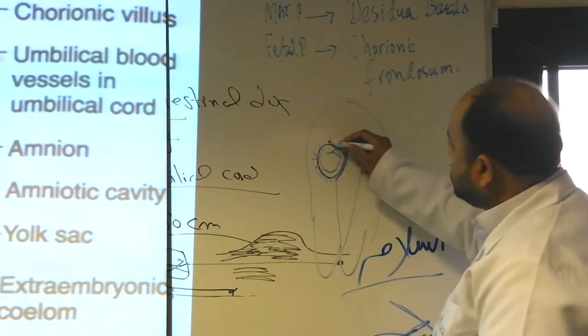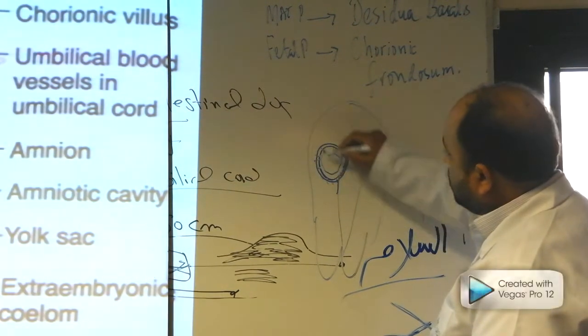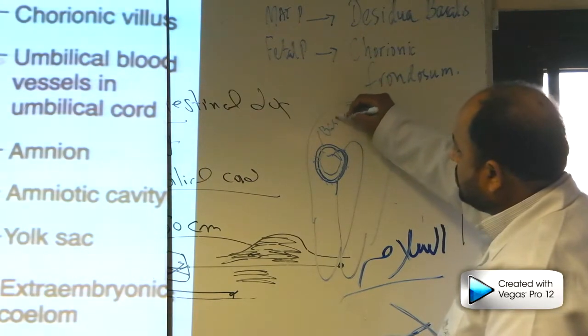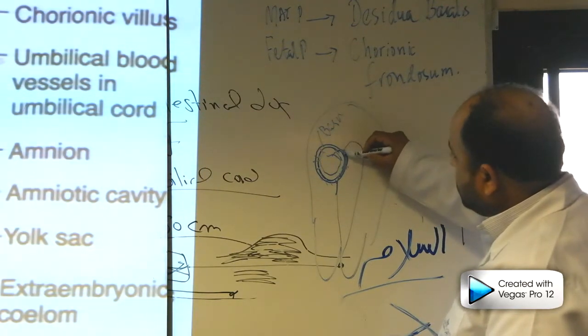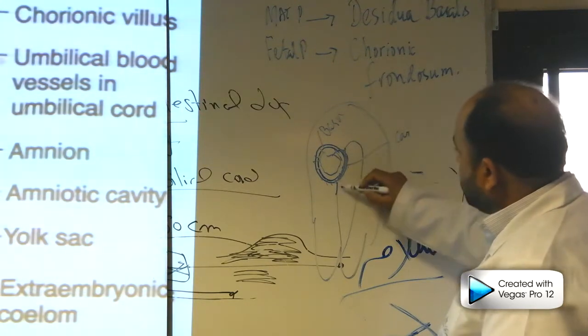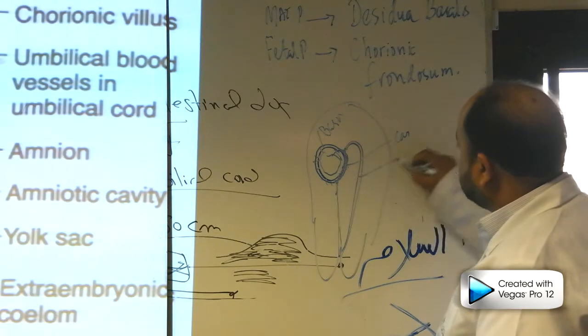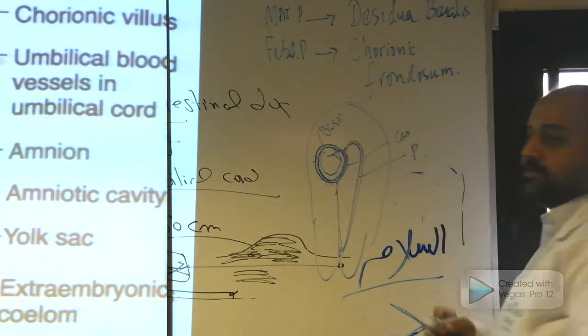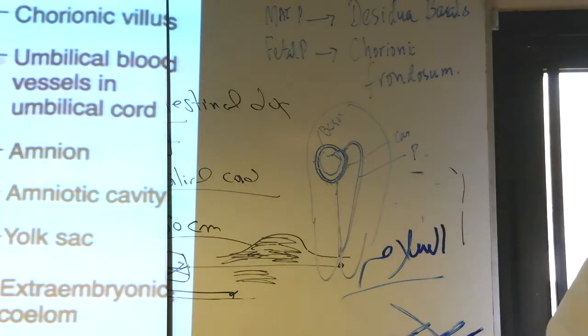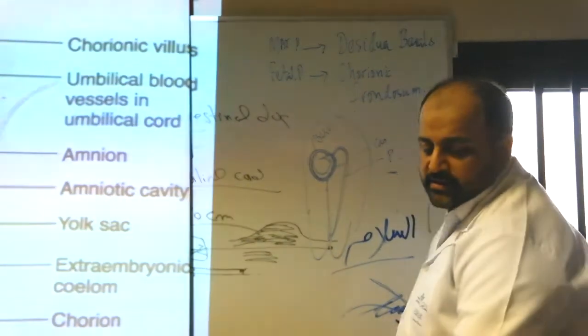Okay, so the decidua which is over here, this is basalis. The decidua which covers the other part of the placenta is capsularis, and the decidua or the remaining epithelium of the uterus is called parietalis. Okay, these are the three parts of decidua. So fetal and maternal part, I think it is going to be okay.